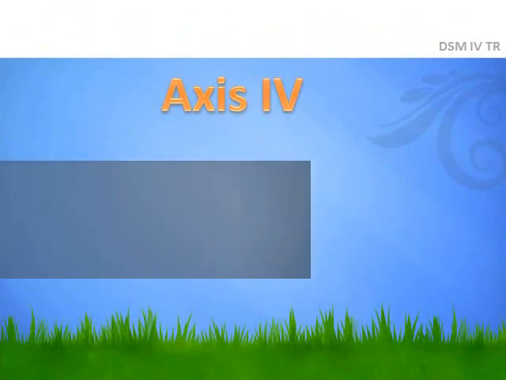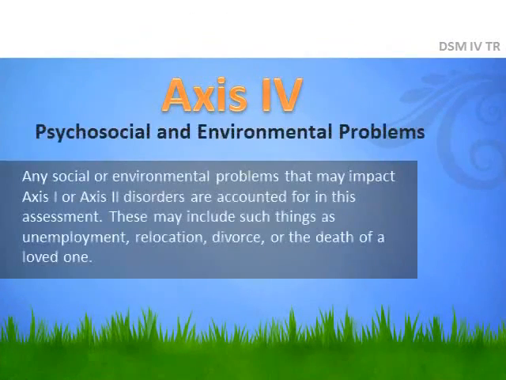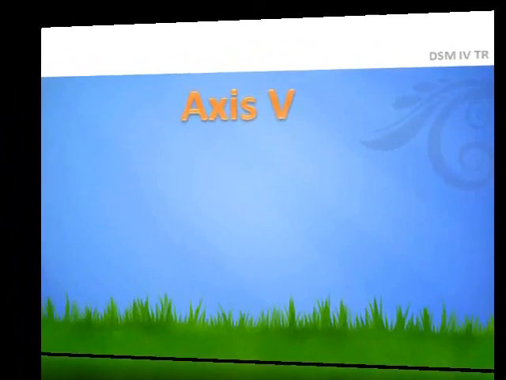Axis 4 describes psychosocial and environmental problems. Any social or environmental problem that may impact axis 1 or 2, these disorders are accounted for in the axis 4 assessment. Relocation, divorce, death, any kind of loss.